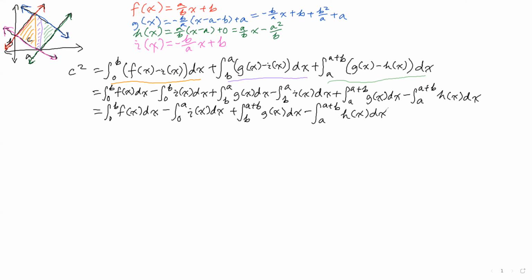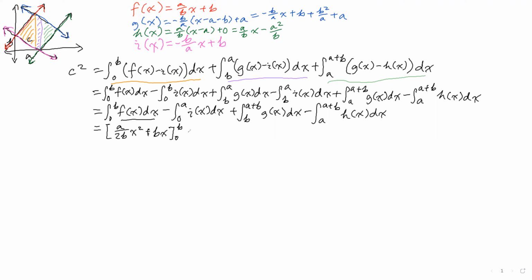Alright, let's solve some integrals. So this one would be f of x, antiderivative of that would be a over 2b times x squared plus bx from 0 to b.